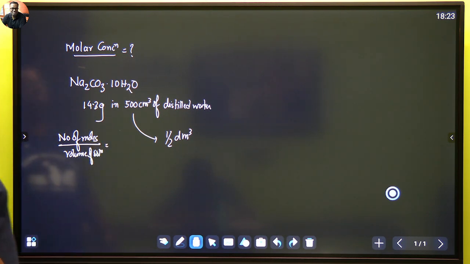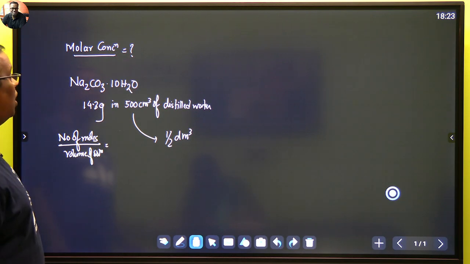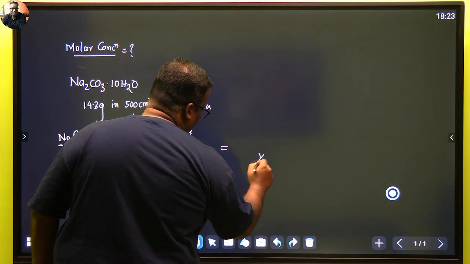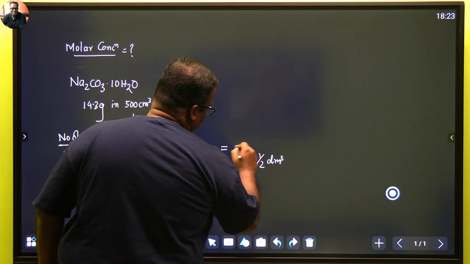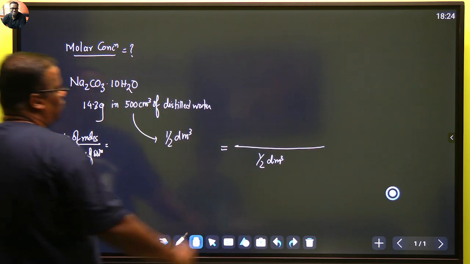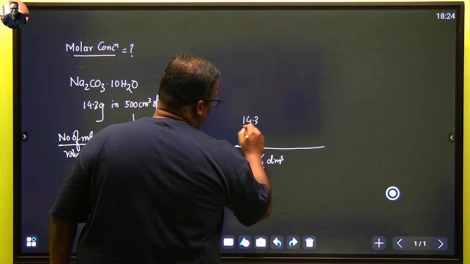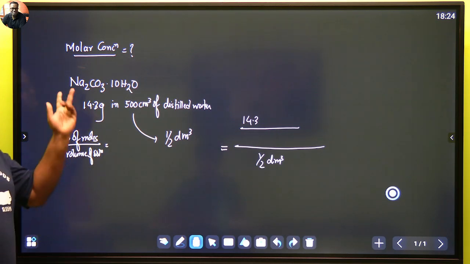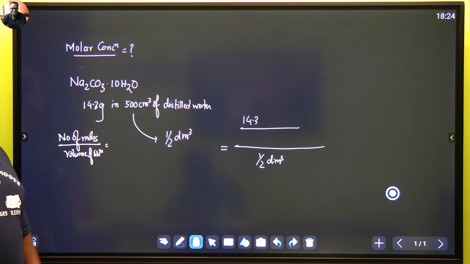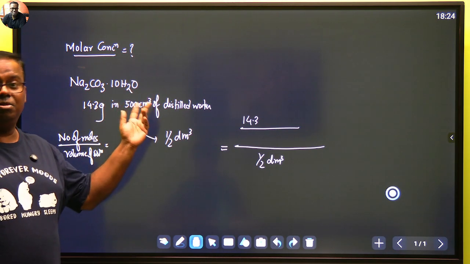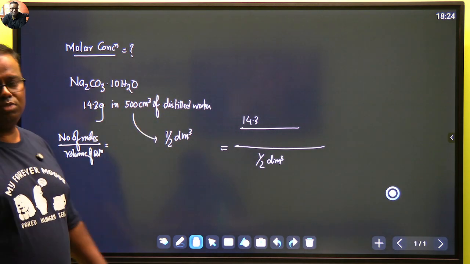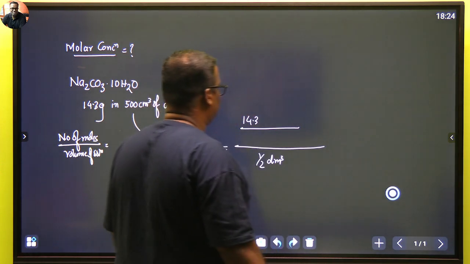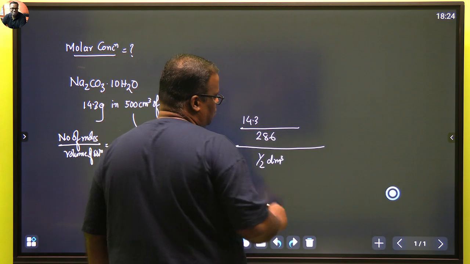The number of moles is given mass by molar mass. The volume of solution has come, half dm cube. The given mass is 14.3, divided by the molar mass. How will you find out the molar mass? Sodium carbonate is 106, water is 18, but 10 of water is 180. 106 plus 180 is 286. Right? 286. So this will finally give you the answer.